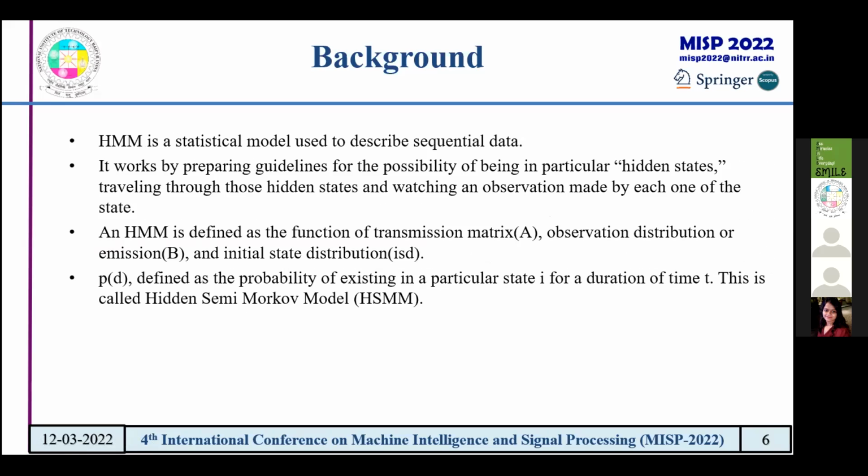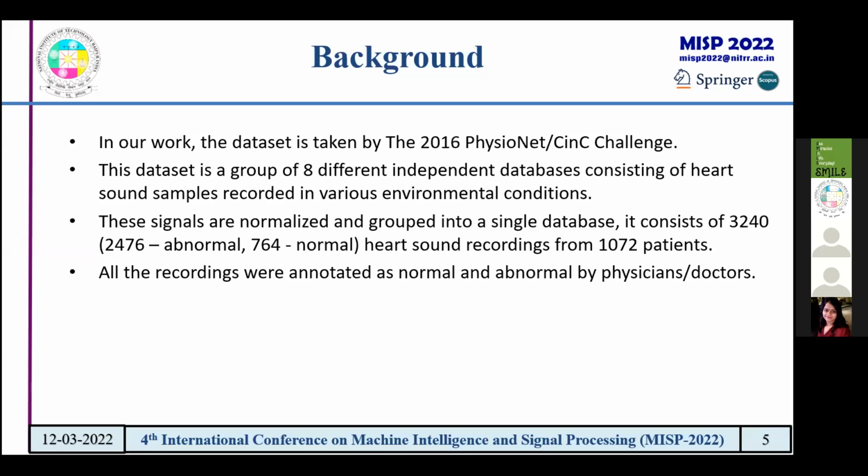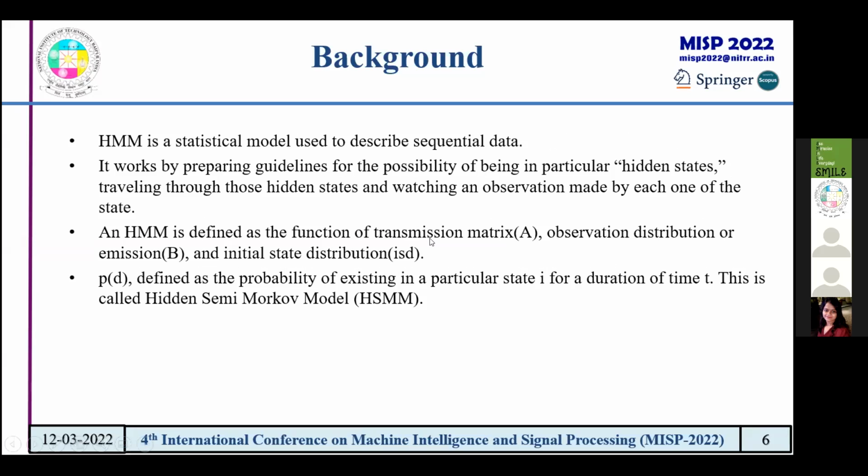In this paper, of the 3,240 samples that we had, 409 samples were given simultaneously with the ECG recording. From the ECG recording, it was easy to train this HMM model.